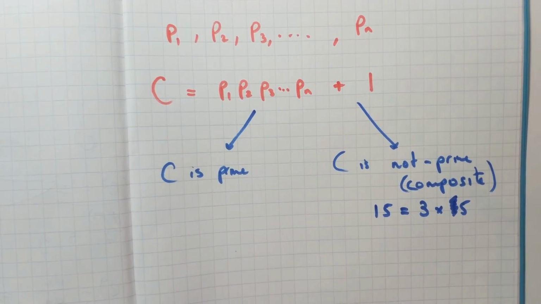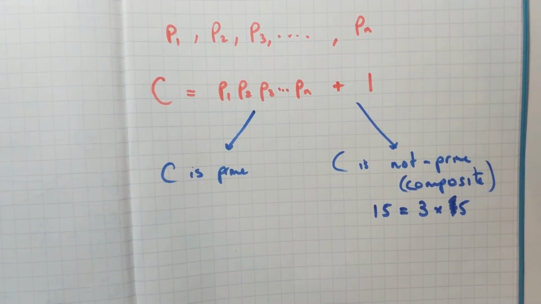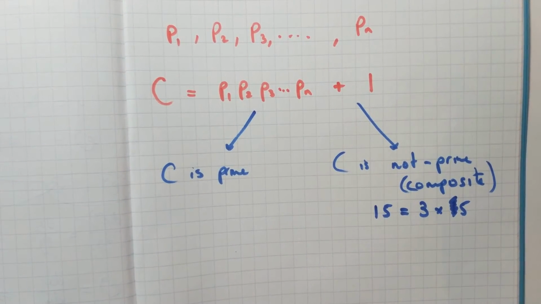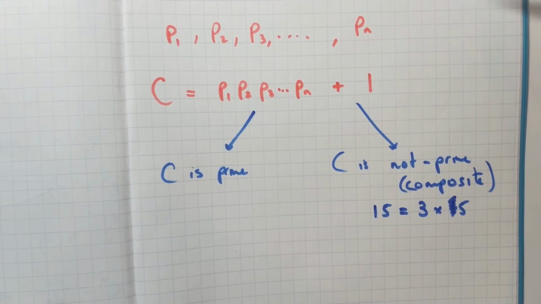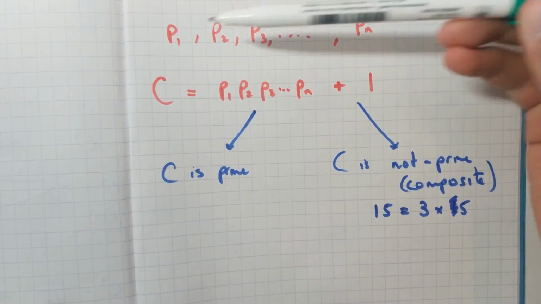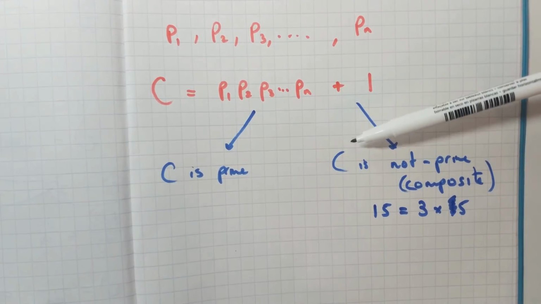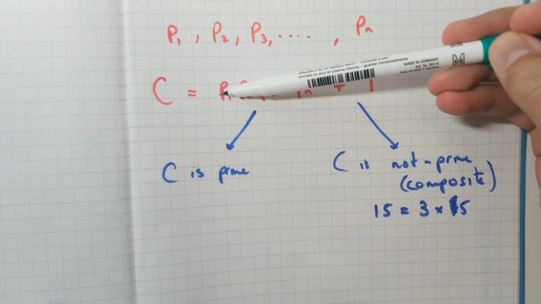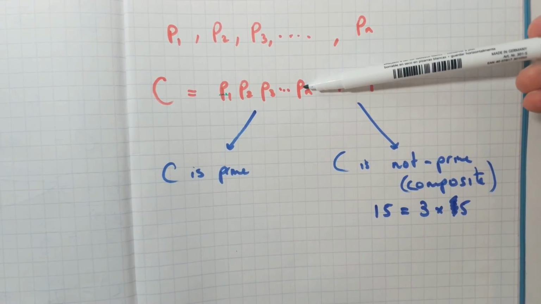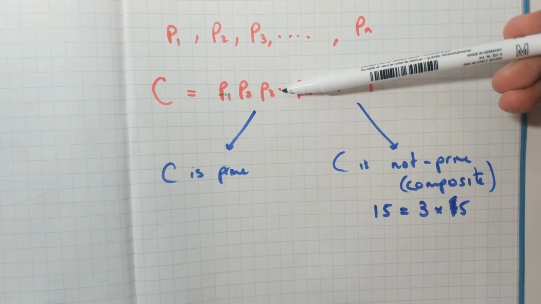Let's assume then that C ends up being a prime. Well, then we've already disproved it. We've already gone against there only being n primes, because at the start we said there were n primes, but this number that we've made is clearly bigger than the biggest prime, the nth one, because I've multiplied it by other positive integers and then added 1.